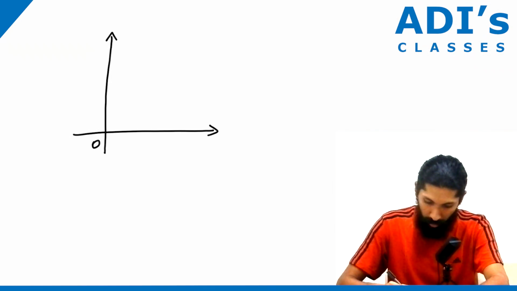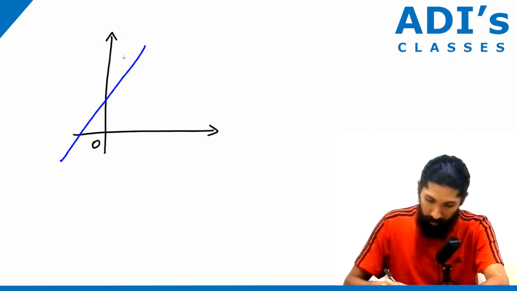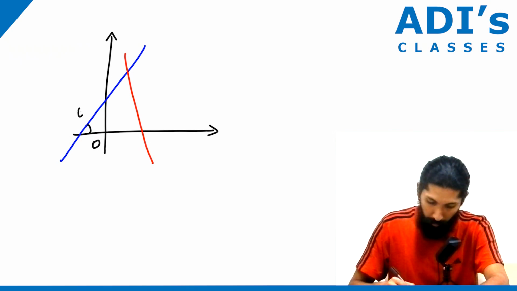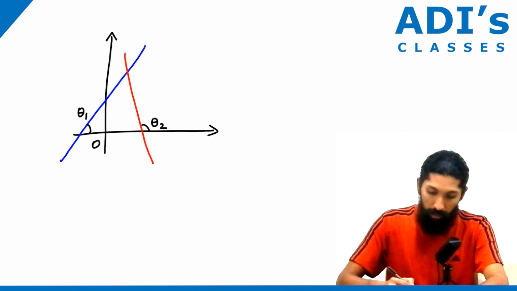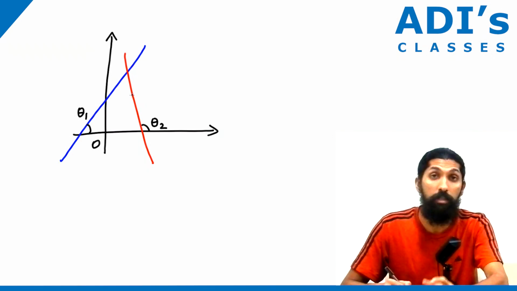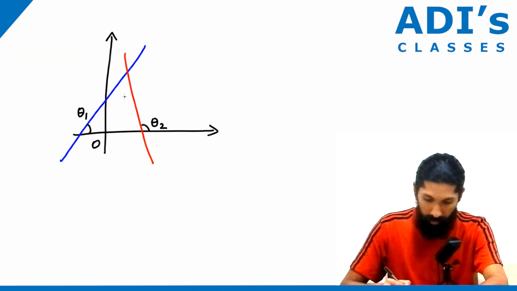Now assume that we have a line like this, and the next one is something like this. So this is theta 1, this is theta 2. Say the angle between the two lines is alpha.